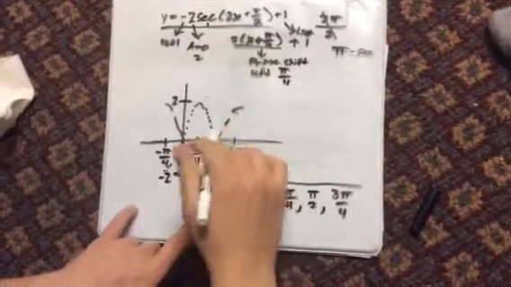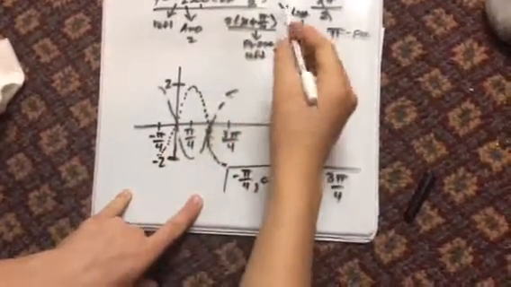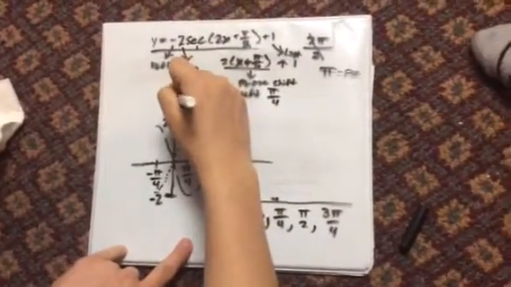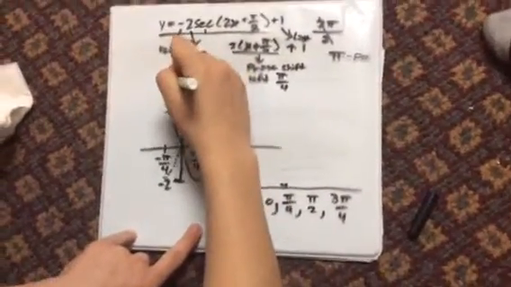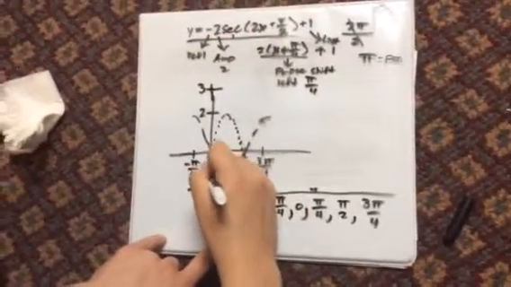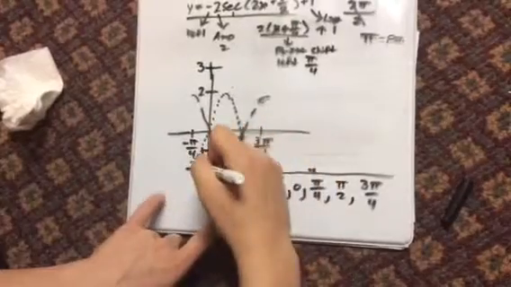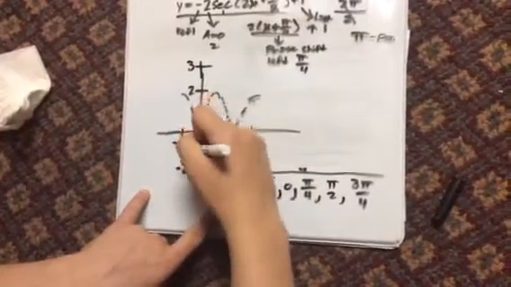Okay. And now our last step was to move up 1 unit. So I'm just going to add a 3 right there. This is going to be a -1. Sorry, this is a little bit difficult to see. And just move up your graph 1 unit.